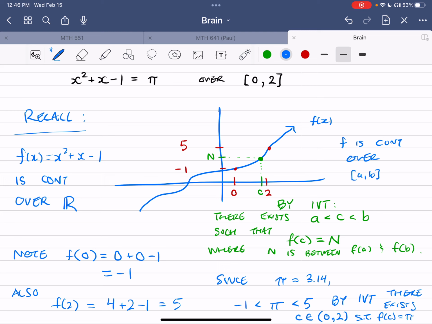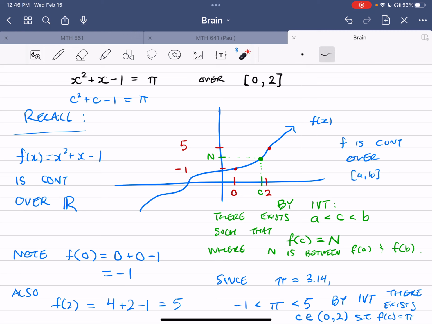And that's back up here, f of c equals pi, which is c squared plus c minus 1 equals pi. And there we go. That's really all you need to do.